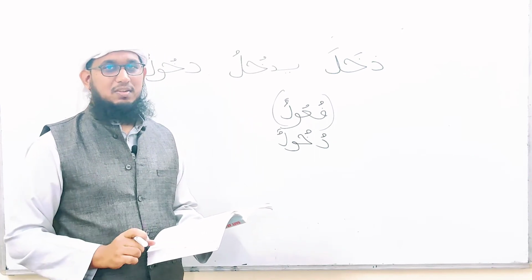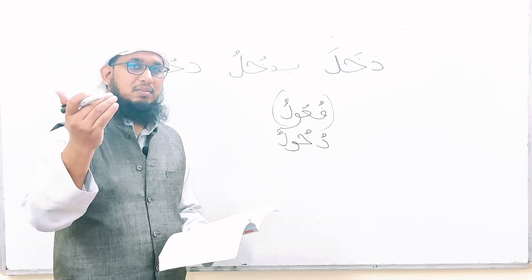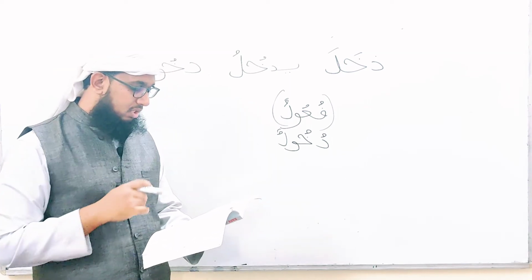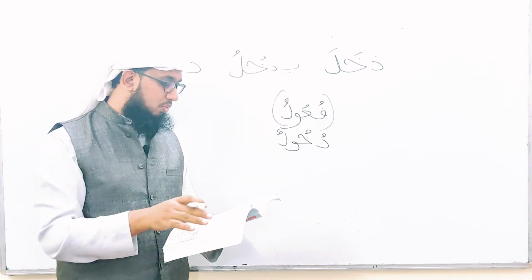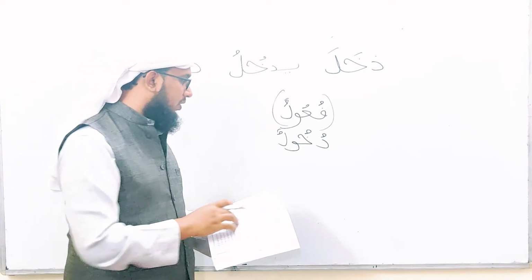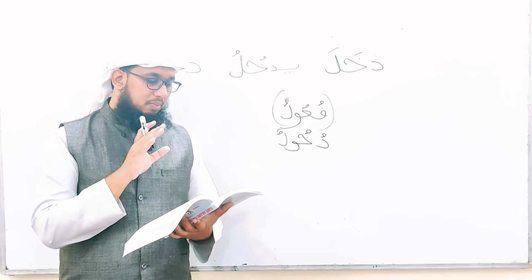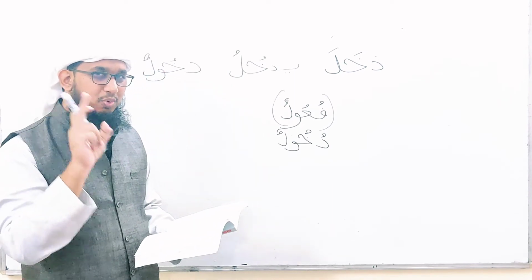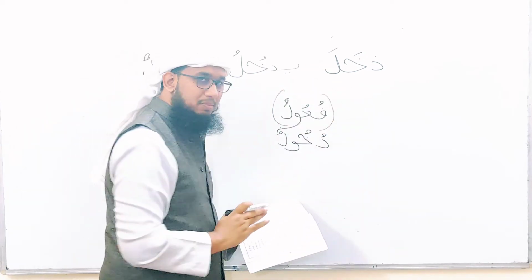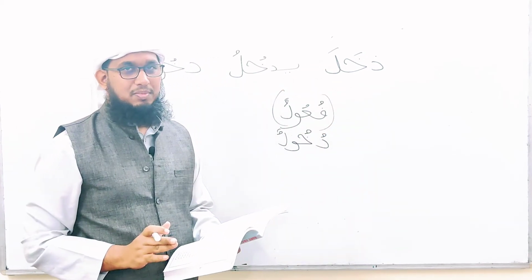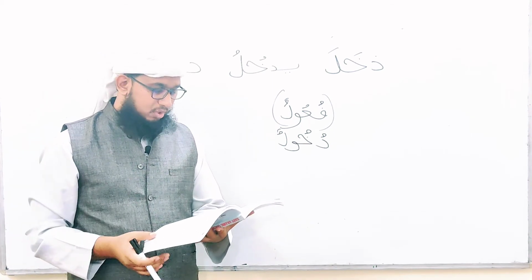Likewise, sa'ida, to raise or ascend. Sa'ida yas'adu su'udun. Now this is how we learn the masdar. I have given you one reason why it is in fu'ulun, because it is fi'l madi thulathi and it is fi'l lazim. Inshallah, the rest of the masdar and its wazn we will look at later on.